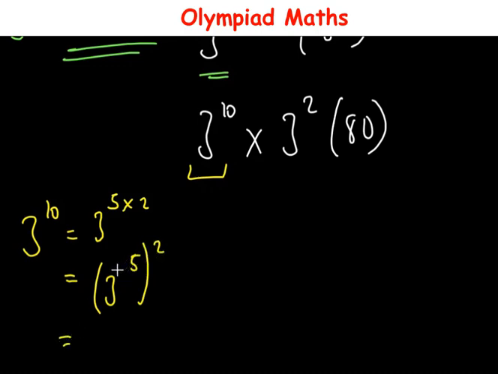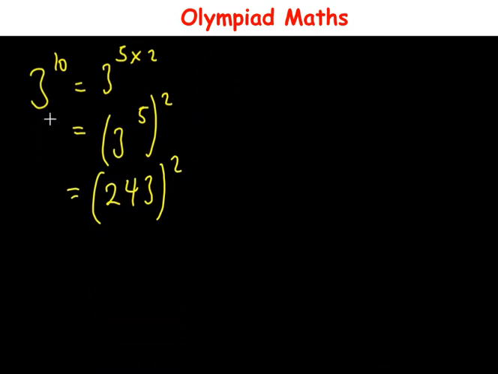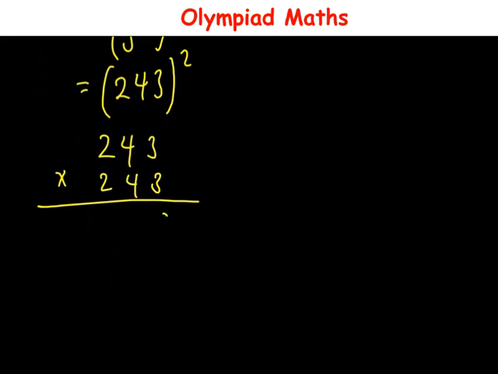Now, 3 raised to power 5 is 3 in 5 places, and that gives us 243, all raised to power 2. 243 squared is simply 243 multiplied by 243. Multiplying this: 3 times 3 is 9, 3 times 4 is 12, write down 2, carry 1; 3 times 2 is 6, plus 1 is 7. 4 times 3 is 12, write down 2, carry 1; 4 times 4 is 16, plus 1 is 17, write down 7, carry 1; 4 times 2 is 8, plus 1 is 9. 2 times 3 is 6, 2 times 4 is 8, 2 times 2 is 4.